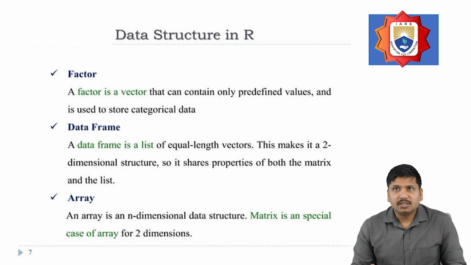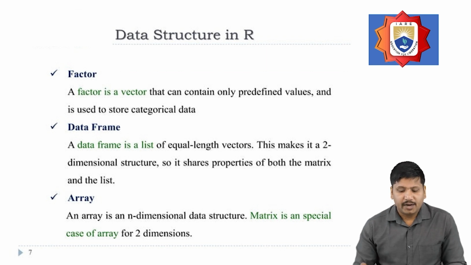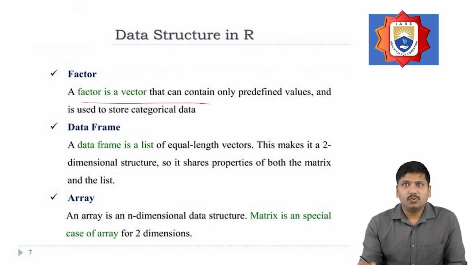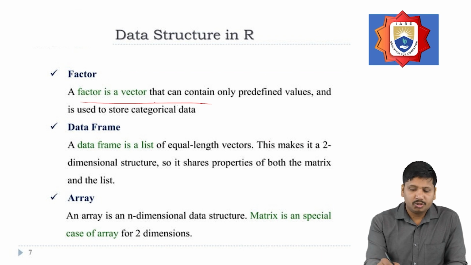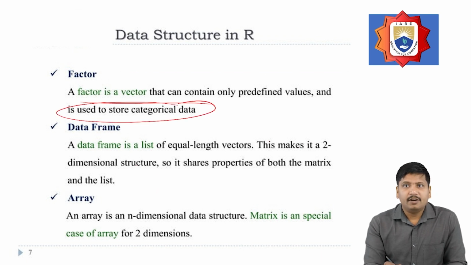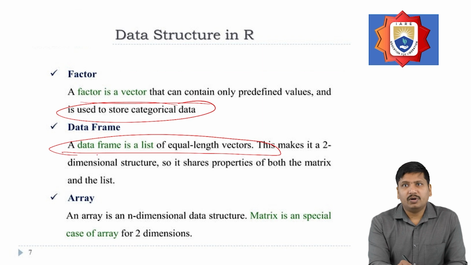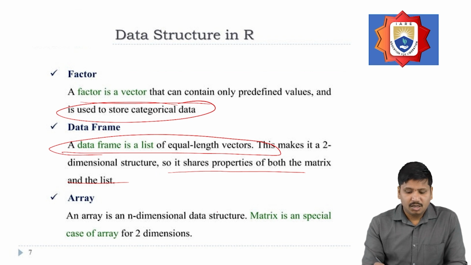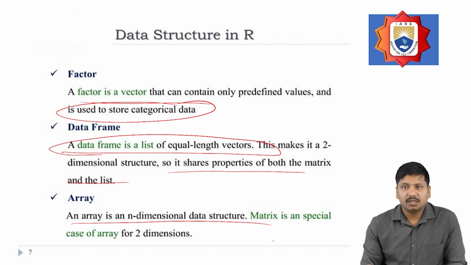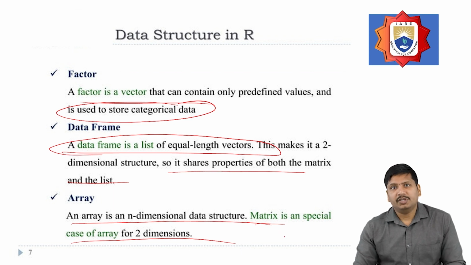Some other data structures in R are factors. A factor is a vector that contains only predefined values and is used to store categorical data. A data frame is a list of equal length vectors, and it shares the properties of both matrix and list. An array is an n-dimensional data structure, where the matrix is the special case of two dimensions.